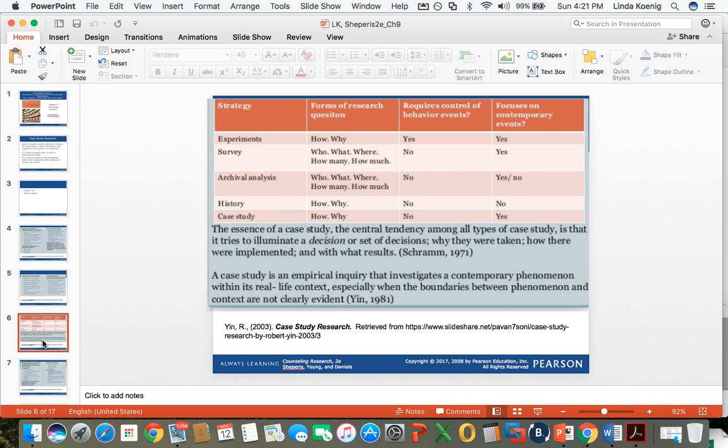It's important to look at the bottom of this slide because this gives you a definition of what case study research is. It basically investigates a contemporary phenomenon within the real life context. It's especially useful when boundaries between the phenomena and the context aren't clearly defined.